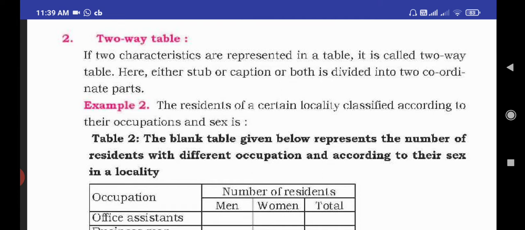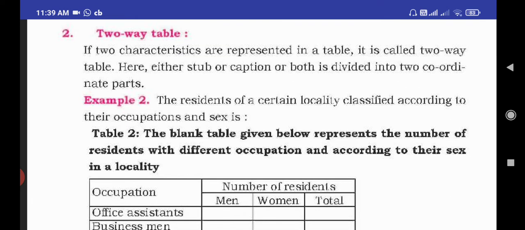Here, either the stub or caption or both is divided into coordinate parts. When we are recording the data, we are giving importance to two characteristics, two qualities. That data is called a two-way table.